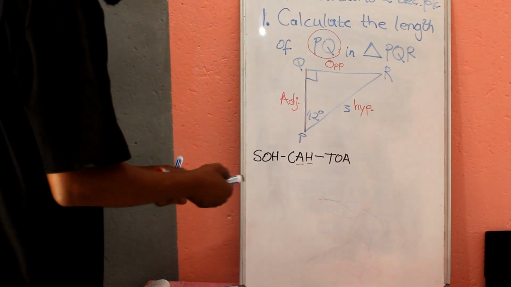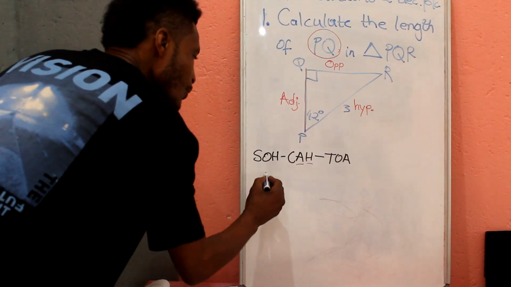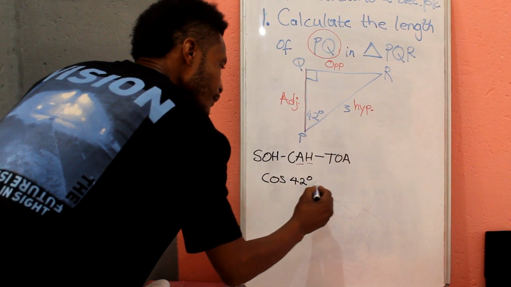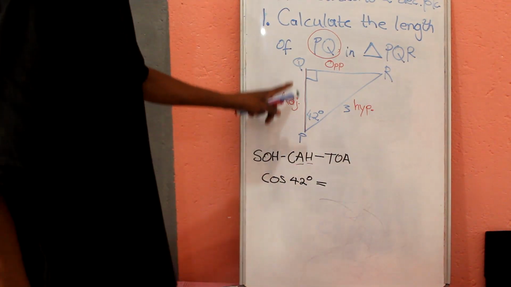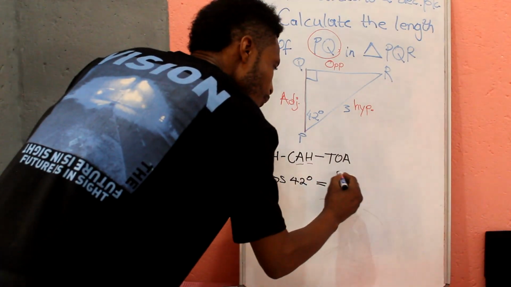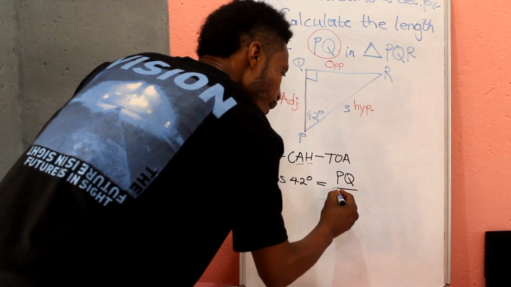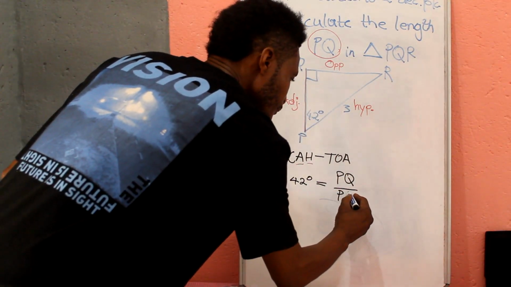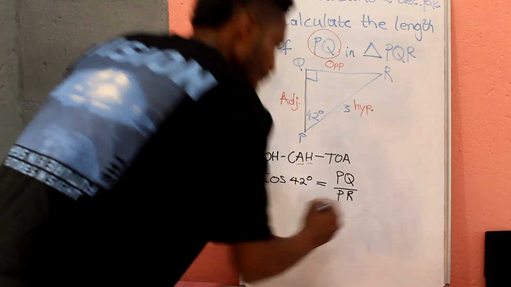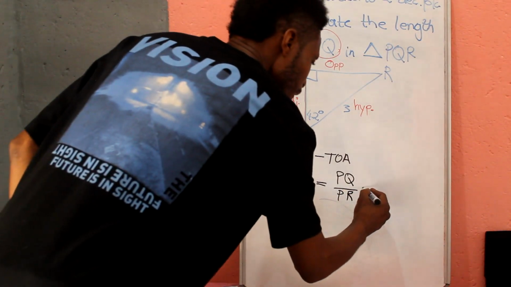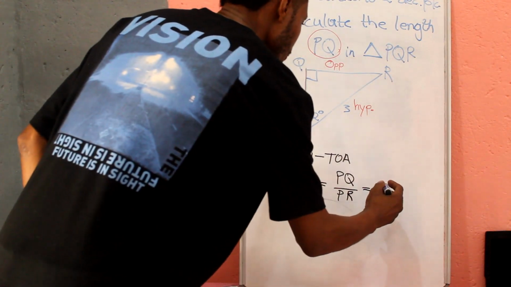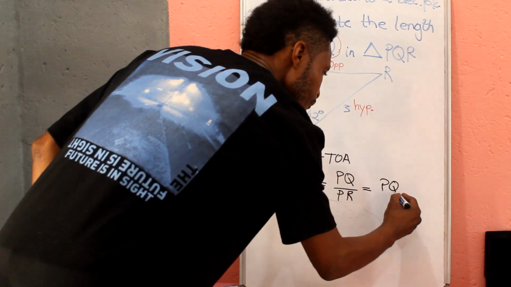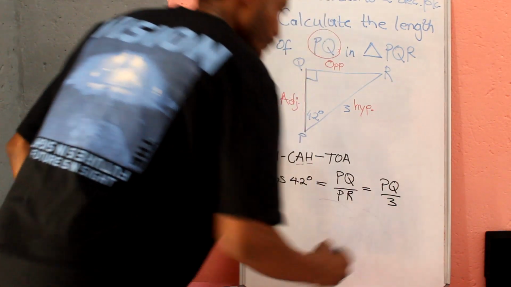So then this translates into cos 42 degrees being equal to the adjacent side being PQ and the hypotenuse side being PR. Therefore, giving us PQ over 3 units.